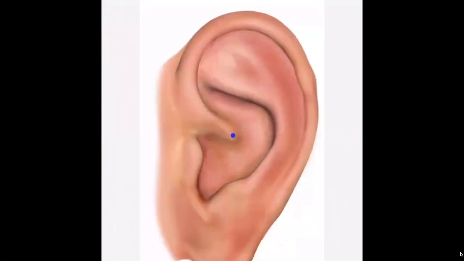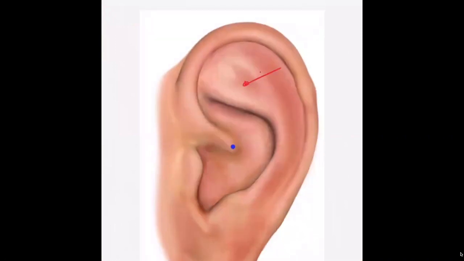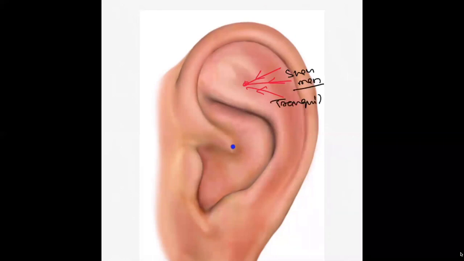This upper part is Shenmen. We can put the needle in this way, or this way, or this way. Shenmen, or tranquilizer point. The lower part is the hip.